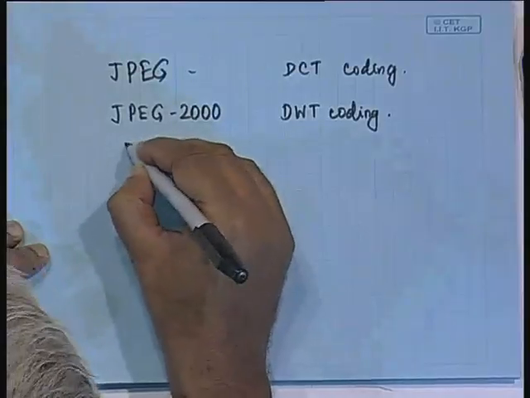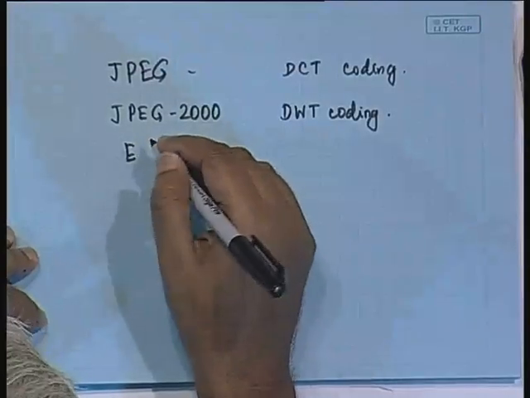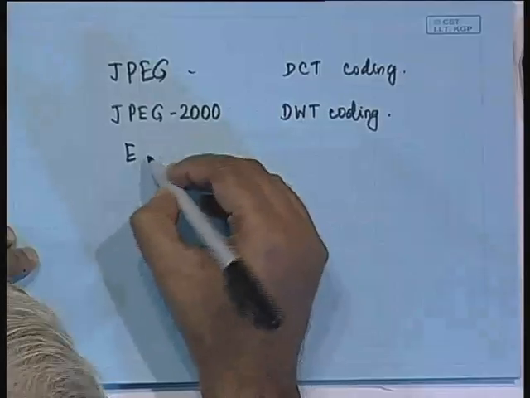And the redundancy present for the coefficients within the subband was also exploited. The technique that was adopted there is embedded block coding.